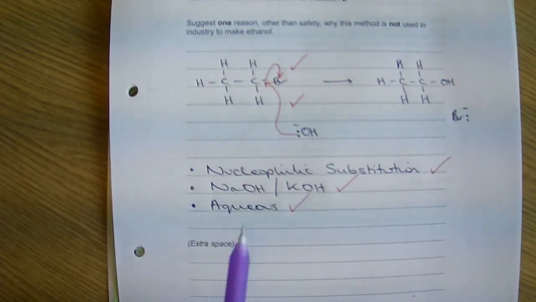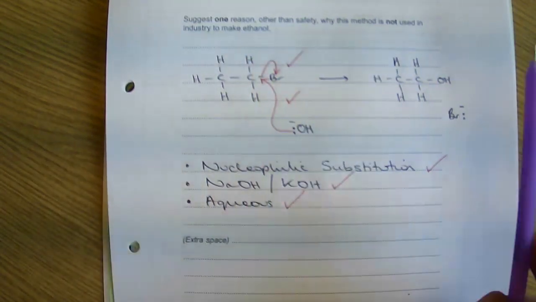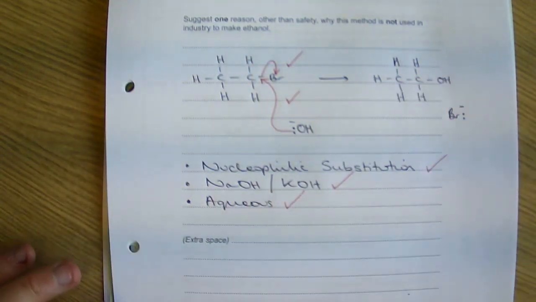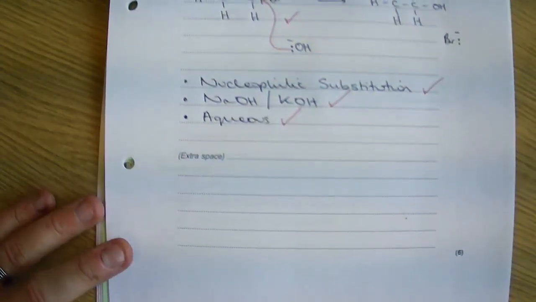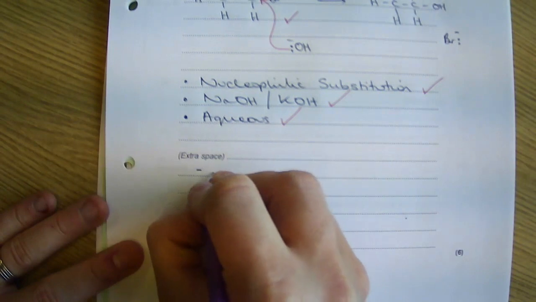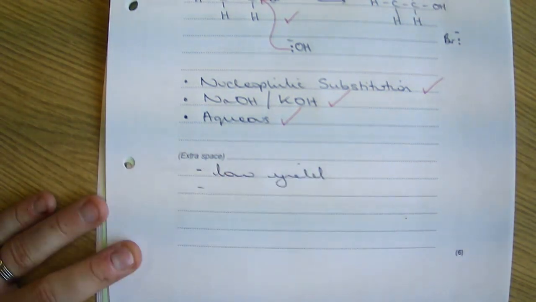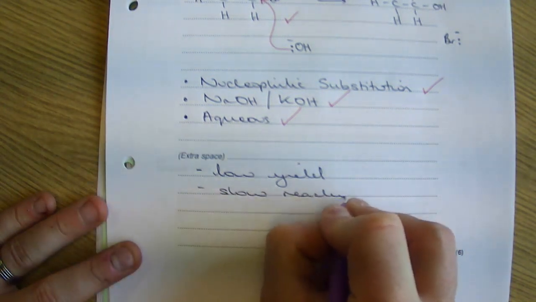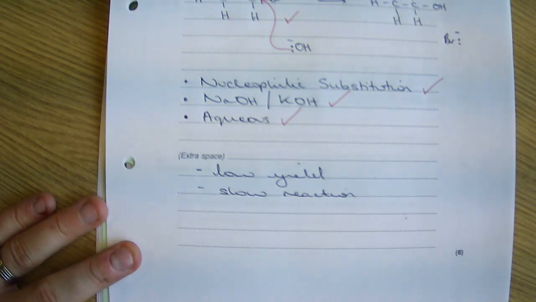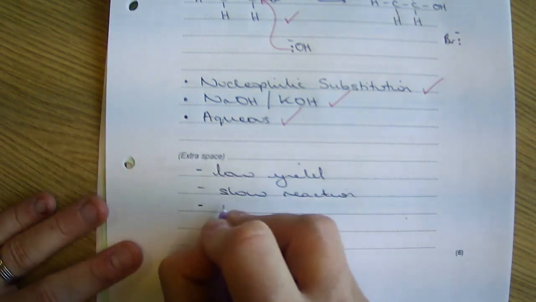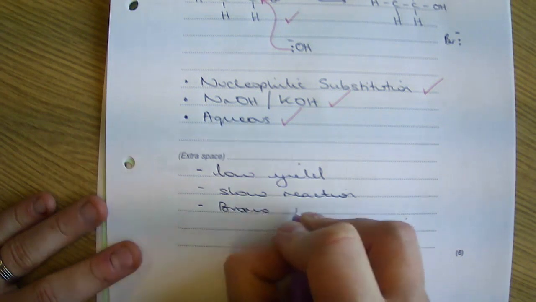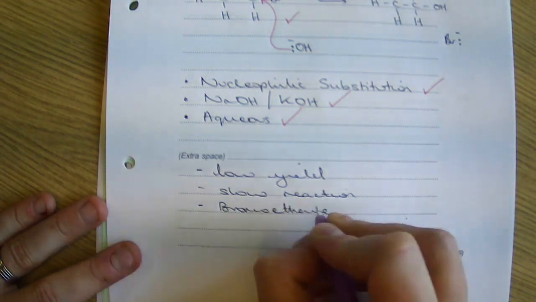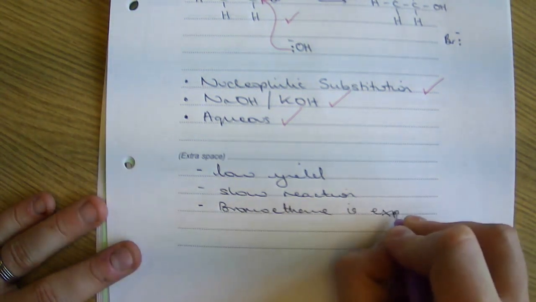And then finally, suggest one reason other than safety why this method is not used in industry to make ethanol. Okay, and there's a number of options for this. So you can have any of the following. Okay, you get a low yield. Okay, you can also say that it's a slow reaction. You could also say that, and this is the one that I would pick, bromoethane is expensive.